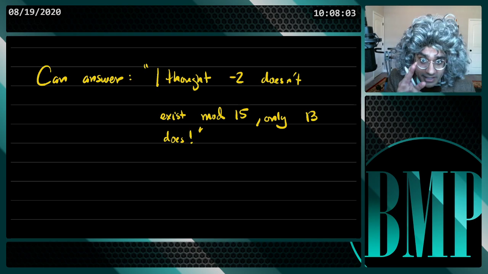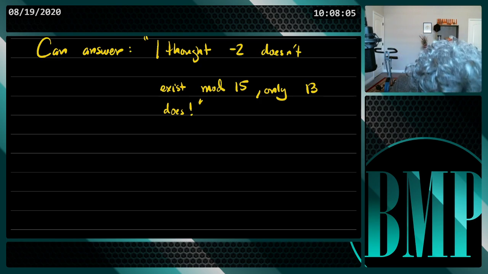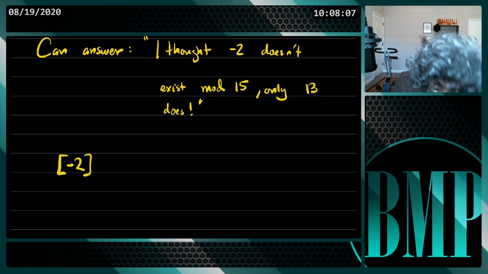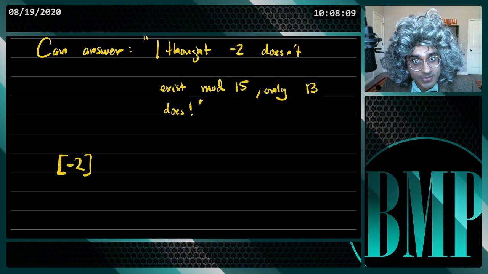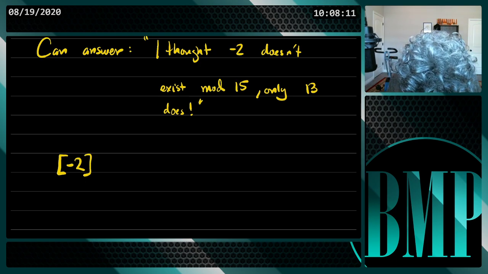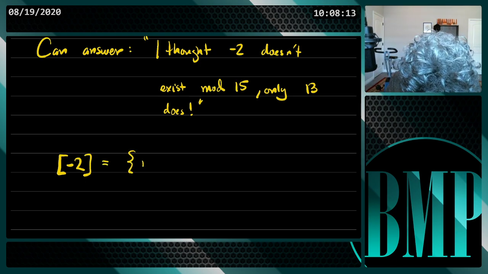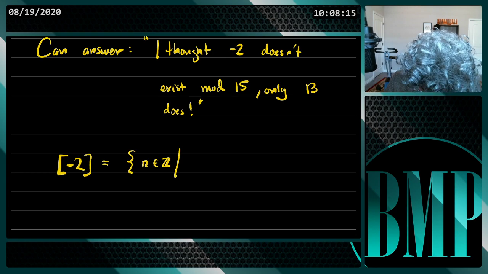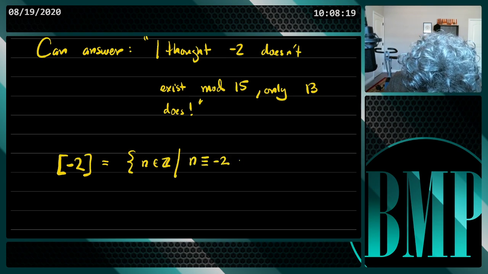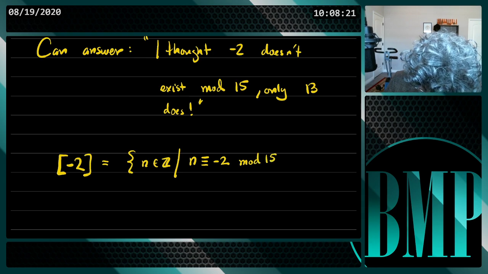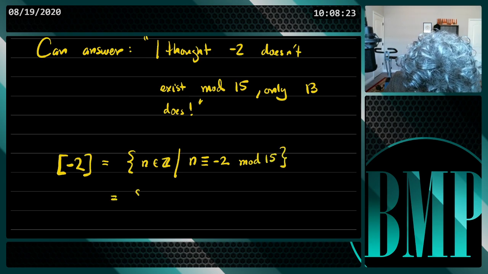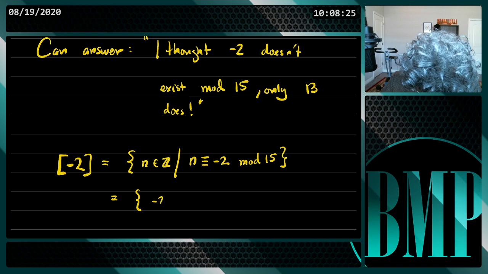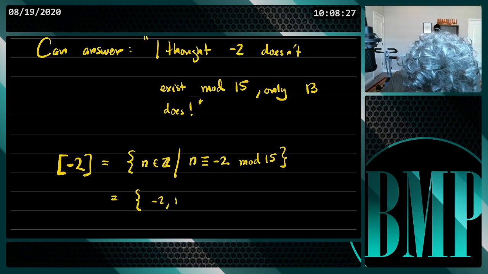No, so what happened here is that the equivalence class of -2, that's the set of all numbers in the integers such that n is congruent to -2 mod 15, which is, let me write that very carefully, simply for you. -2, I mean, it goes both ways.